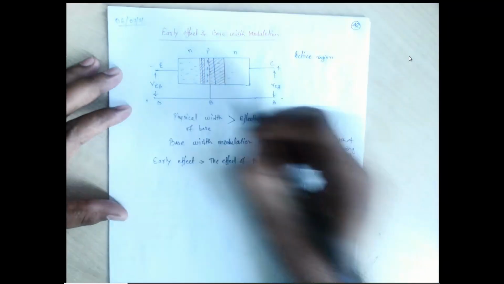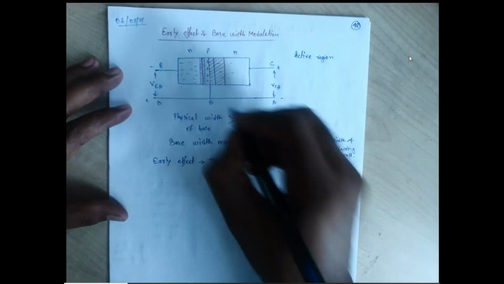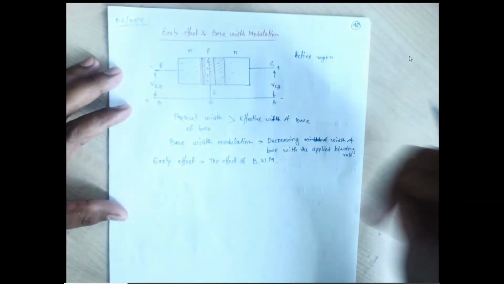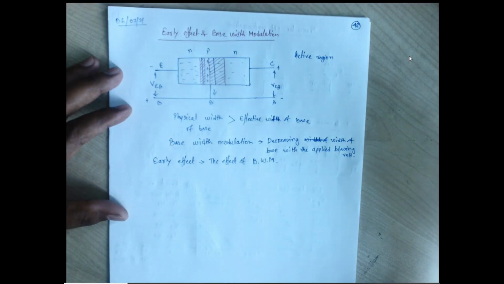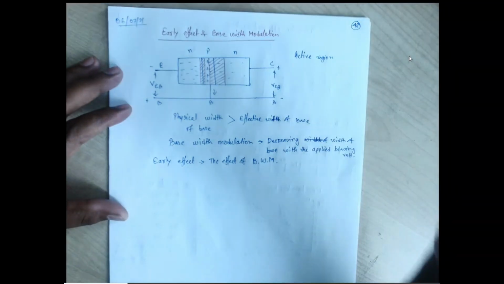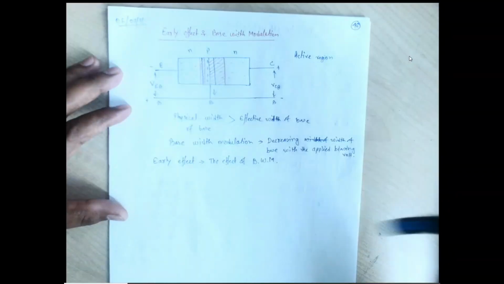So IB is decreasing. For this case, the base current IB is now decreasing compared to the previous IB, when the penetration was less, because our VCB was moderate.